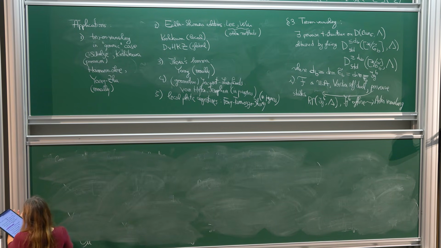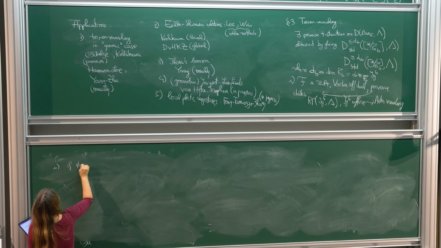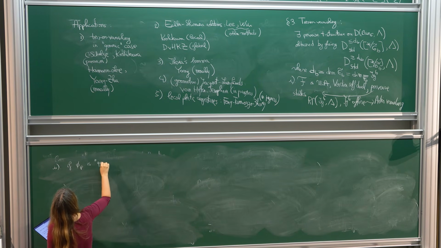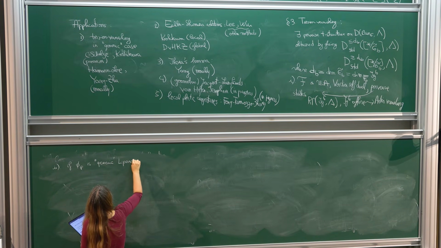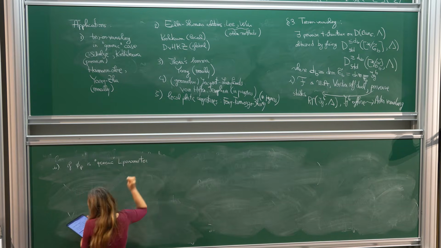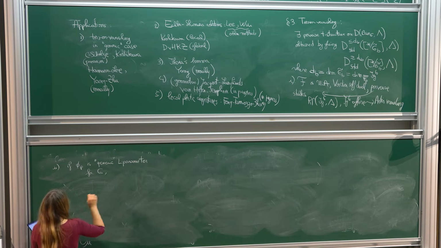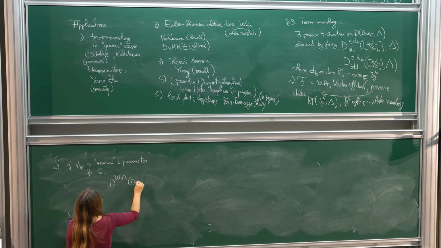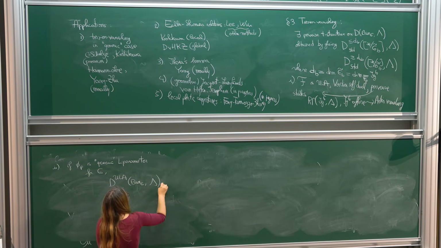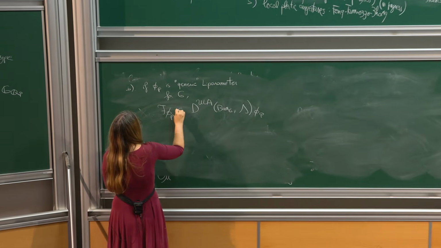Okay, so the second idea is that if phi_p is some kind of generic L parameter for some sufficiently good notion of this genericity for G, then you can essentially see the localization of F at this parameter inside here.